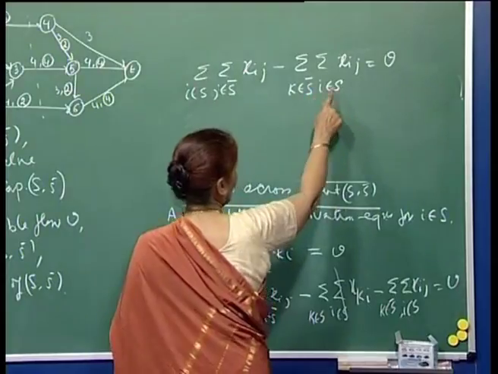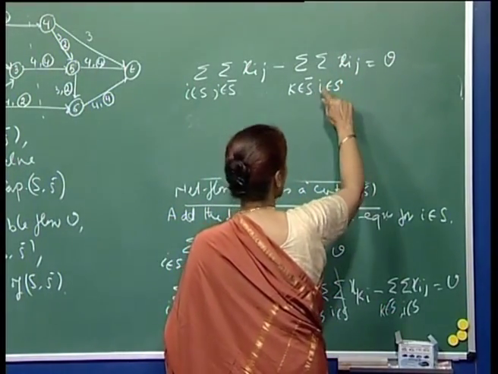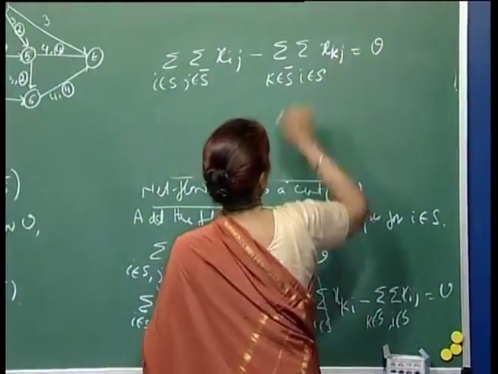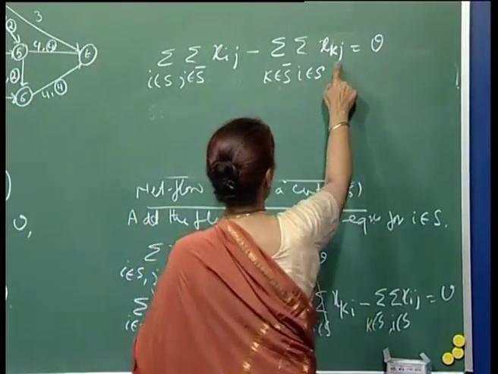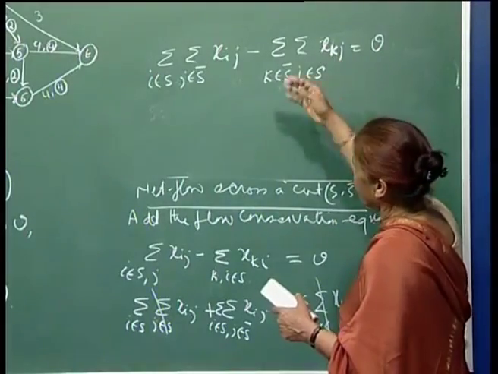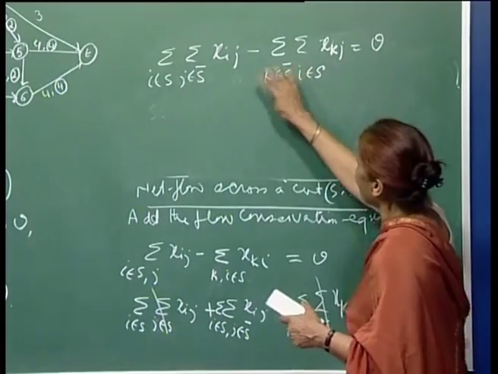So the arcs here are k j, where k is in S bar and j is in S. You can immediately see from the figure that these arcs are going from S bar to S. So you are adding up the forward arcs and subtracting these.